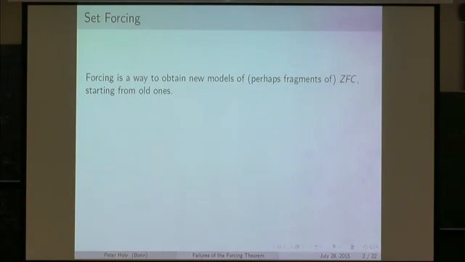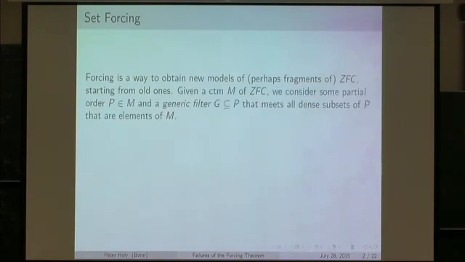Okay, so let me start with set forcing. So set forcing, or forcing in general, is a way to obtain new models of ZFC, starting from old ones. And so if we start with a countable transitive model of ZFC, which will be the basic framework in this talk, we consider some partial order that is an element of this model and a generic filter, which is a subset of this partial order.